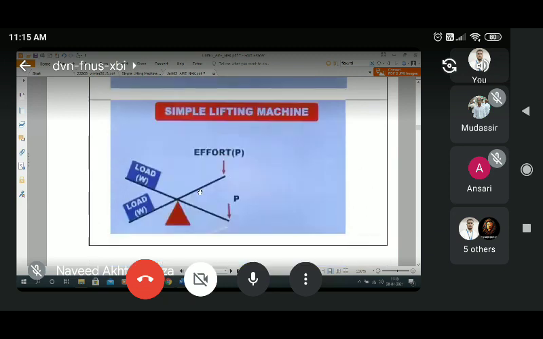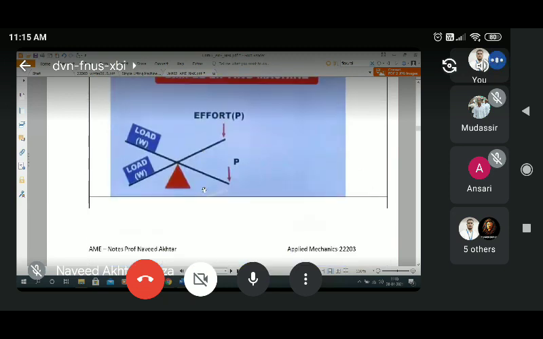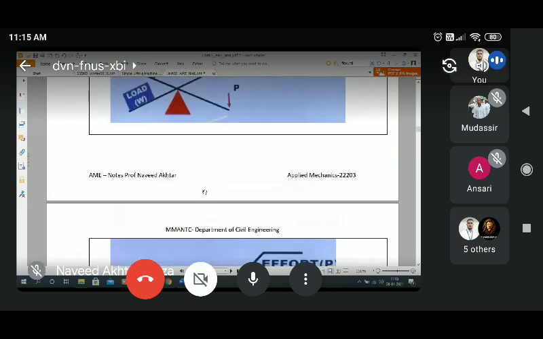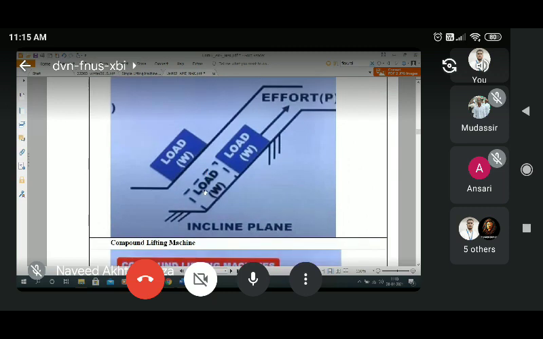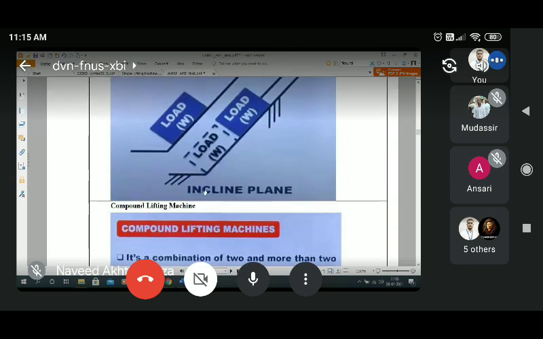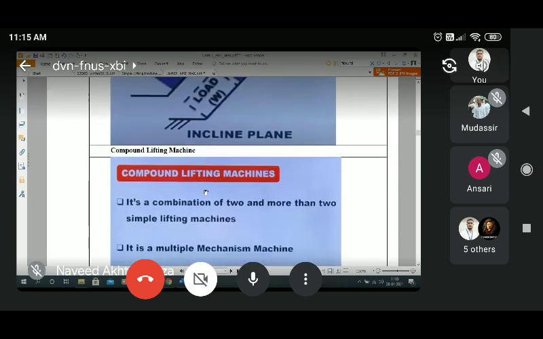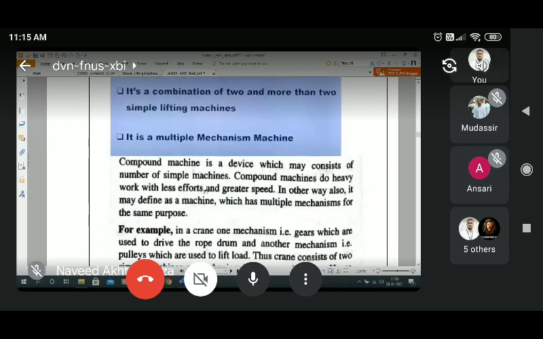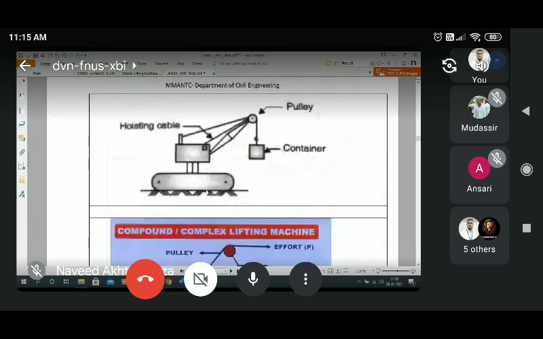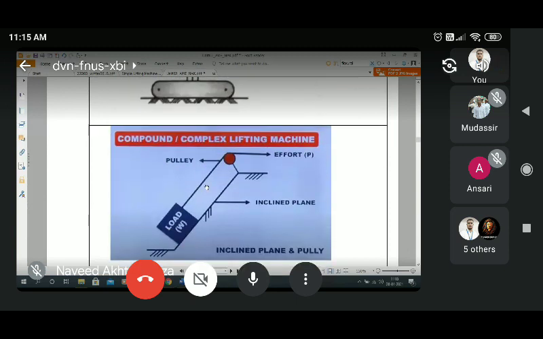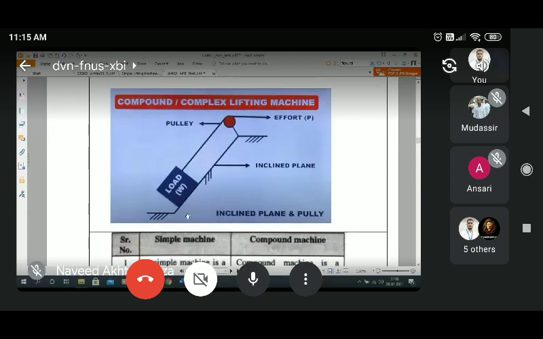Also we have seen effort versus load, different simple lifting machines, inclined plane, compound lifting machine, and their examples, that is the crane and the inclined plane with the pulley block.